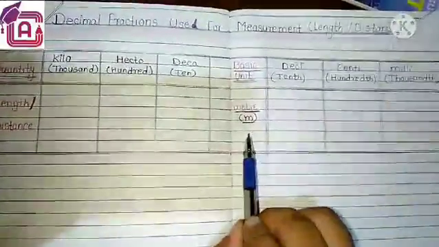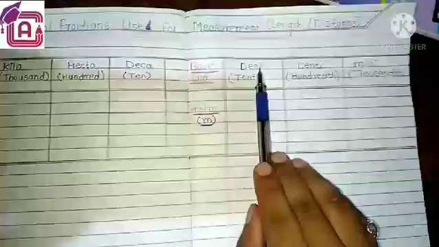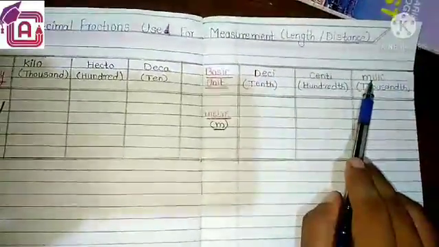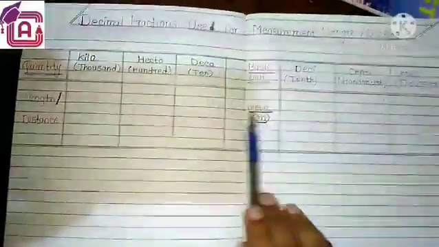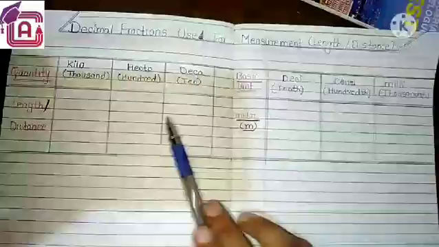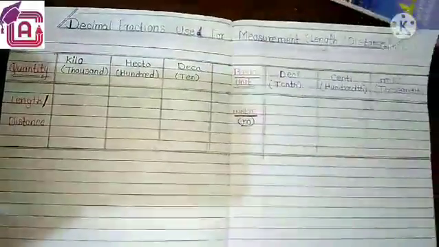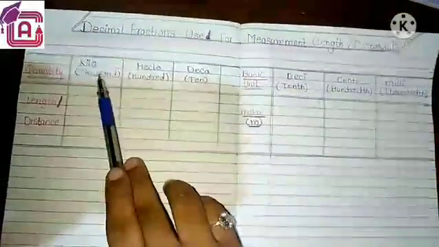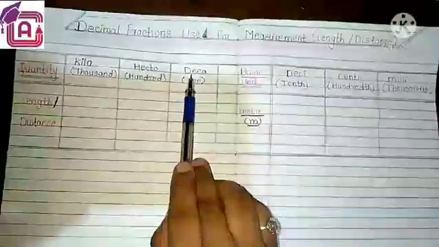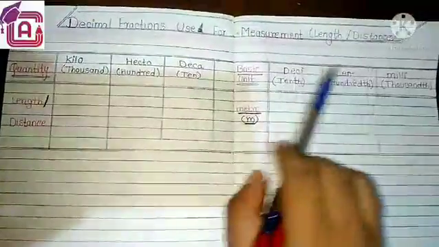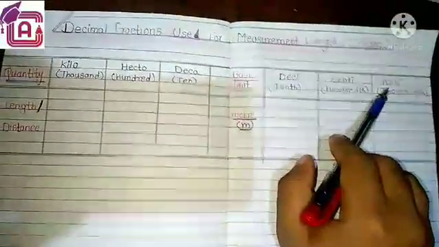With reference to this, there are different units: kilometer, hectometer, decameter, decimeter, centimeter and millimeter. These are the related units for the measurement of distance.